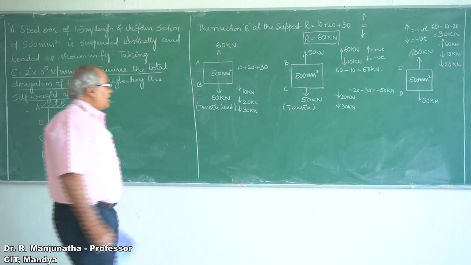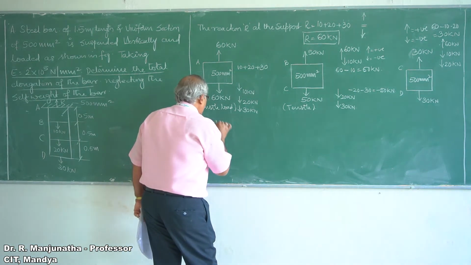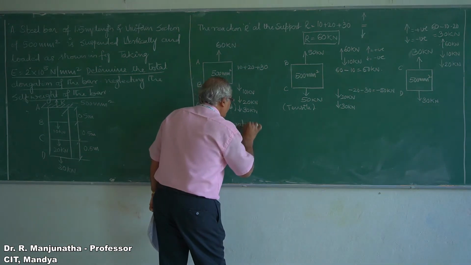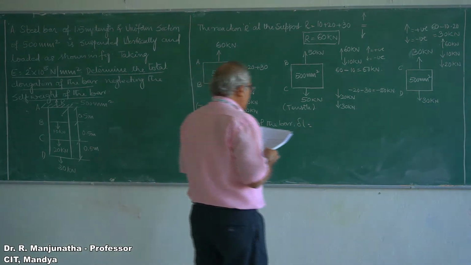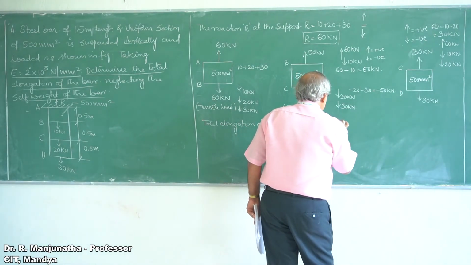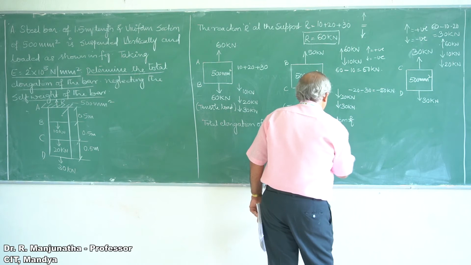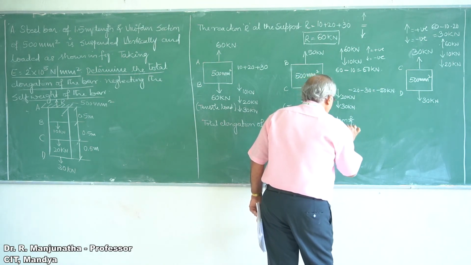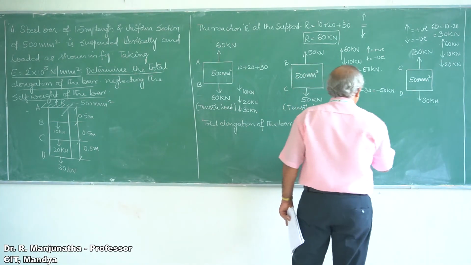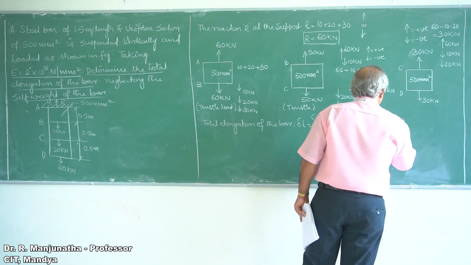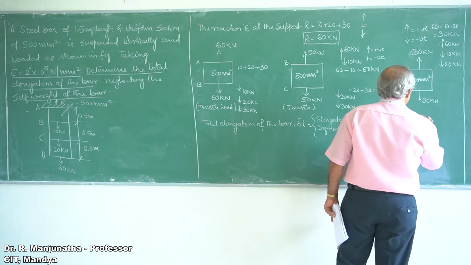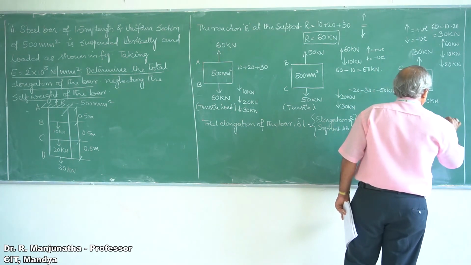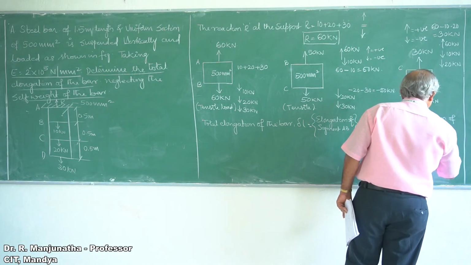The total elongation of the bar, that is delta L, will be equal to the elongation of segment AB plus the elongation of segment BC plus the elongation of segment CD.